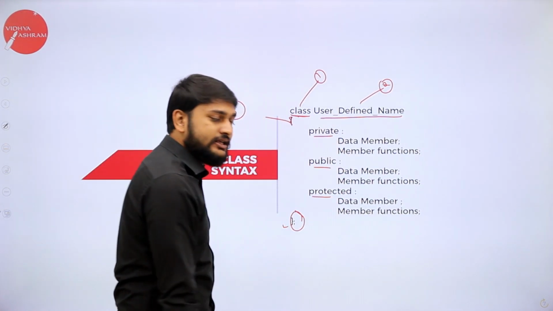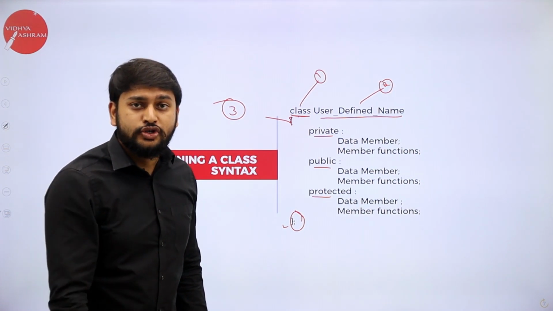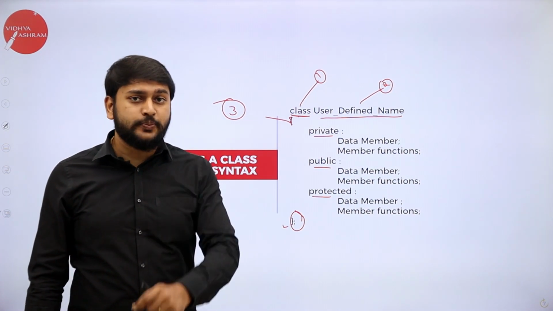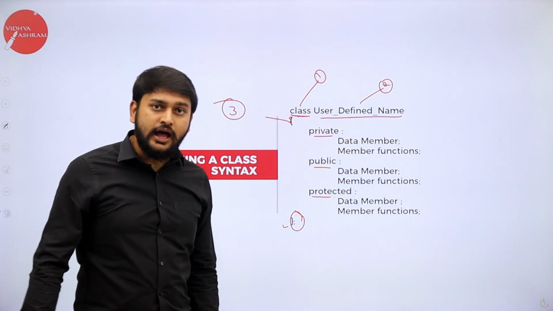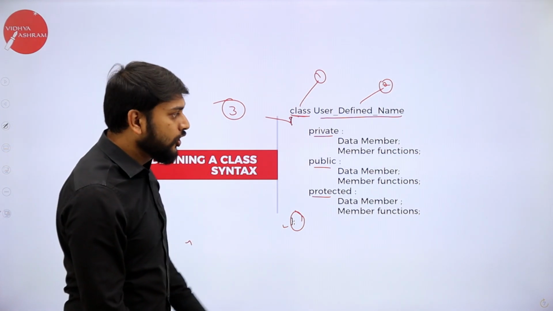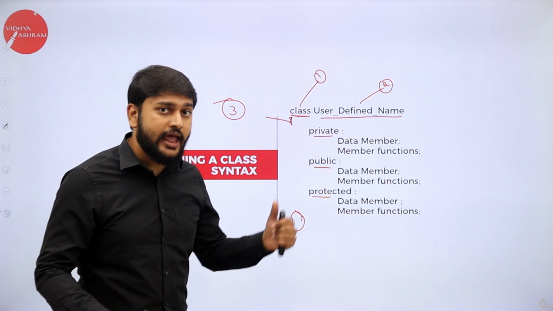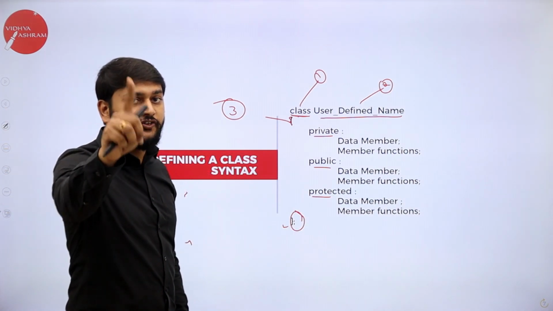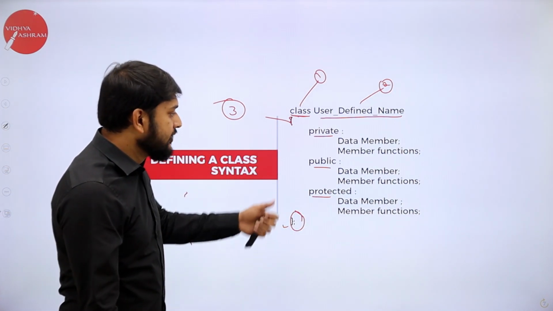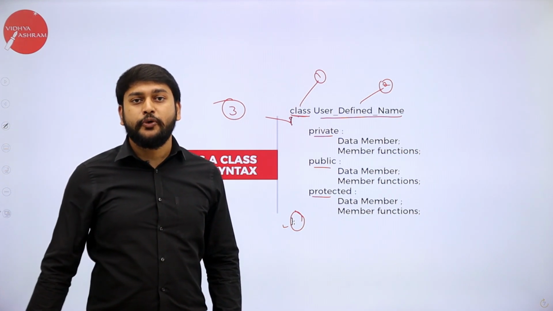These 3 things, whatever I have marked, are the access specifiers. Please make a note, I have 3 different access specifiers. The first one is private, the second one is public, and the third one is protected.